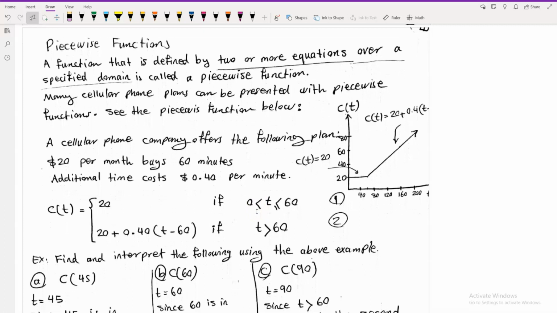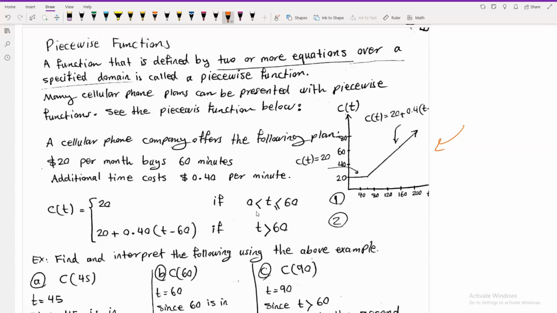Now here we have piecewise functions. A function that is defined by two or more equations over a specific domain is called a piecewise function. So here we have this graph based on what is given in this word problem.